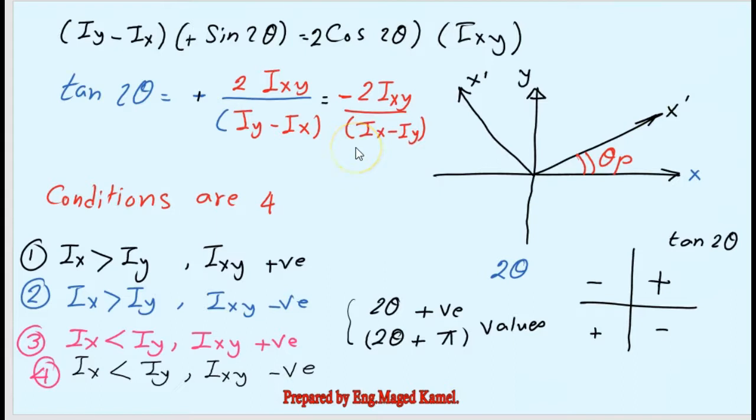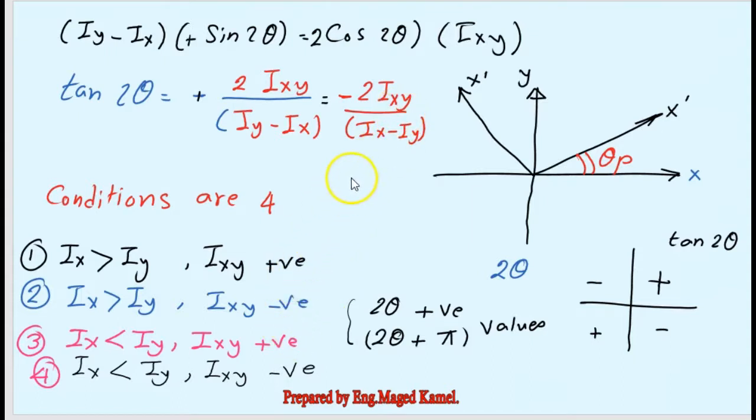Since we have obtained this condition, the tan 2 theta expression, we have 4 cases. First case, Ix is bigger than Iy, and Ixy is positive. Second case, Ix bigger than Iy, but Ixy is negative.